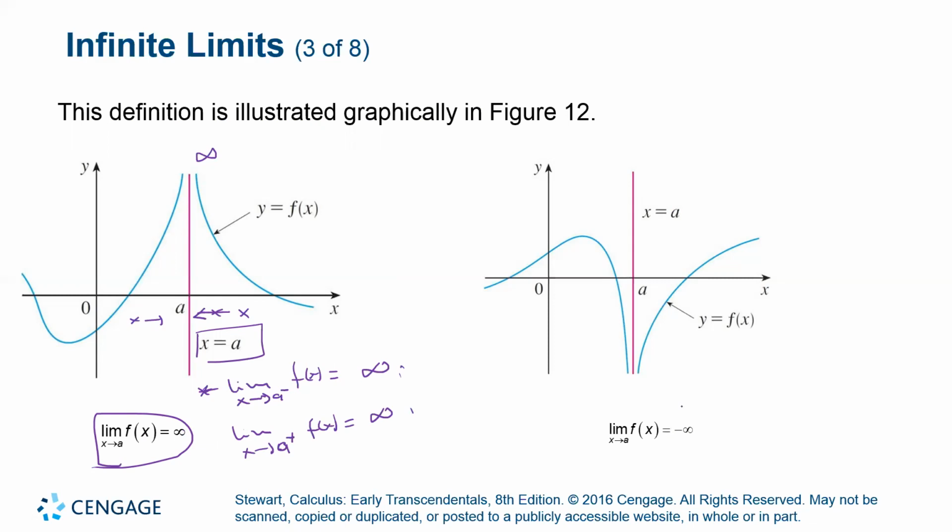Similarly, in the second diagram on your right, the limit as x approaches a from the left of the function goes to negative infinity, and the limit as x approaches a from the right also goes to negative infinity.